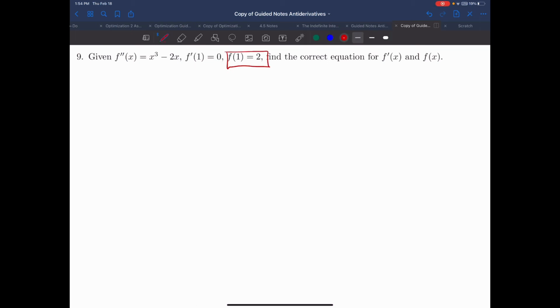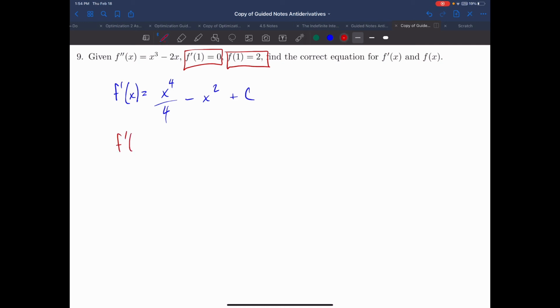So let's find the antiderivative of x cubed minus 2x. The antiderivative of f double prime would be f prime, and that antiderivative would be x to the 4th over 4 minus x squared plus c. And then we want to apply the initial condition.